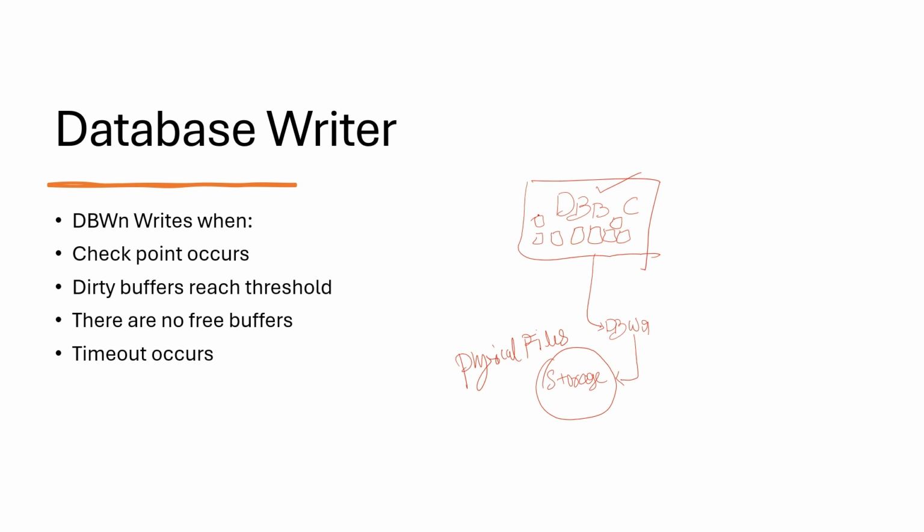I told you, right, dirty blocks are the blocks which are updated but not written in the storage. So those dirty blocks will be written to the storage with the help of the database writer. If you have 100 users doing different update statements, you can have multiple database writer processes running for them.